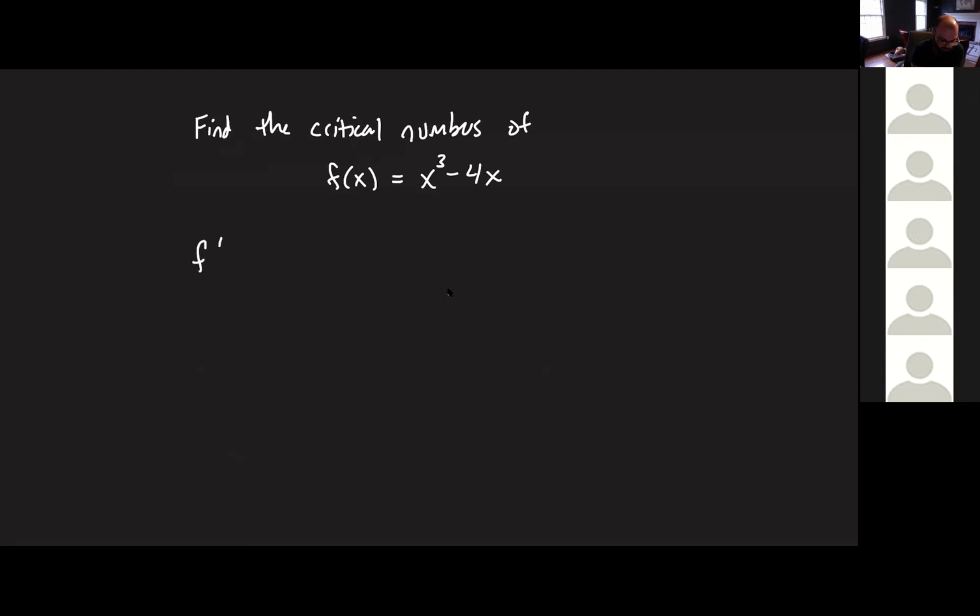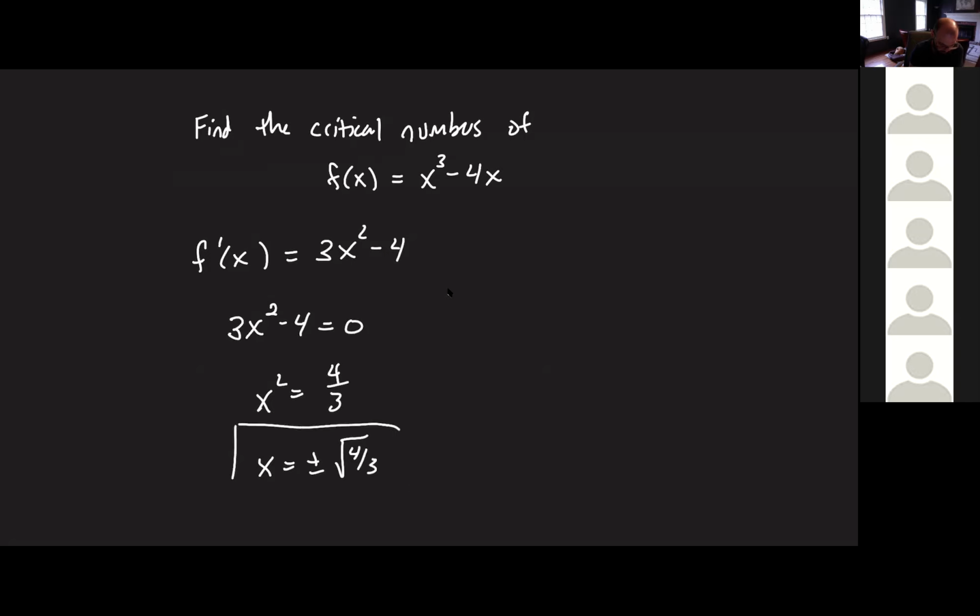So we're going to take the derivative of this function, and we get 3x squared minus 4. And we want to know, hey, when is that equal to 0? Okay, so I'm going to solve this for x. You'll get x squared is equal to 4/3, and so x is equal to plus or minus the square root of 4/3.